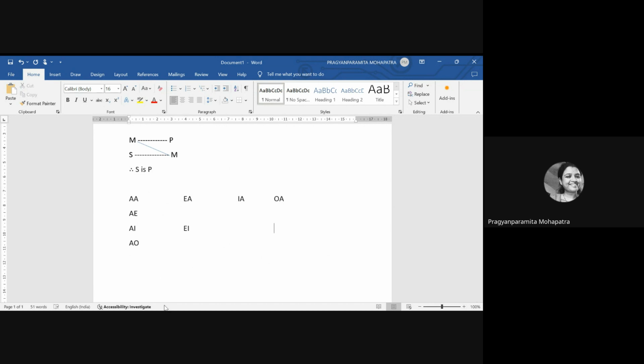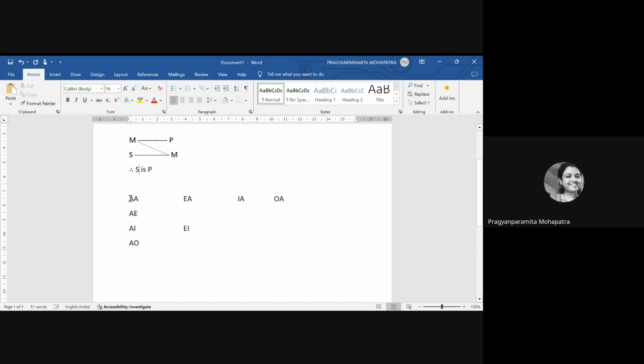Now let us check these one by one. Then it will be easier for us to identify the fallacies. The form of the argument should be this: the middle term, this is major term, and this is minor term, and all these are conclusion.